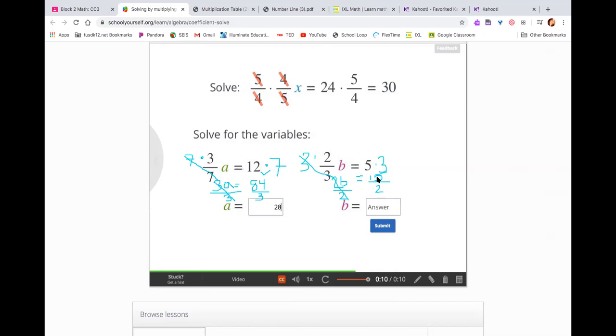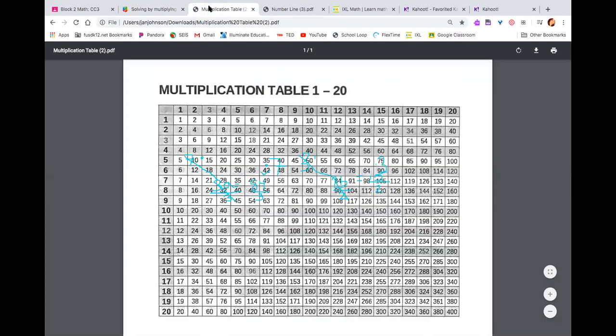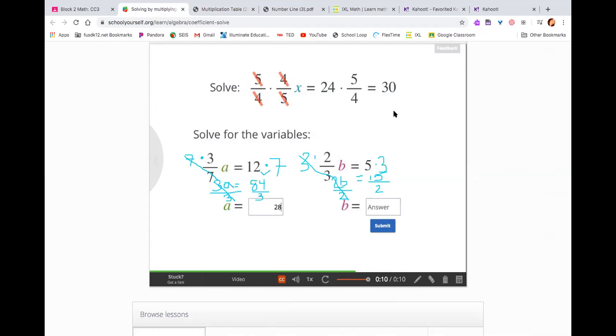Can I divide 15 by 2? Can I divide it by 15? No. What am I going to do with it? It stays the same.